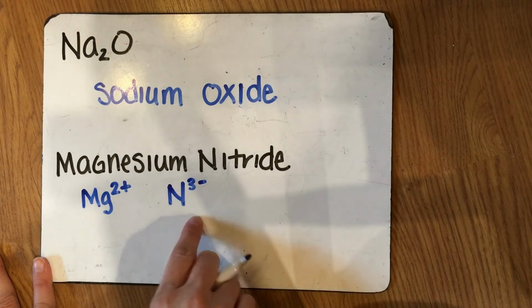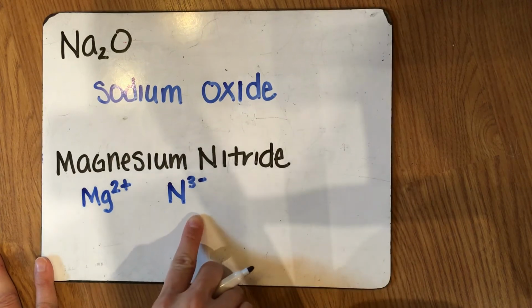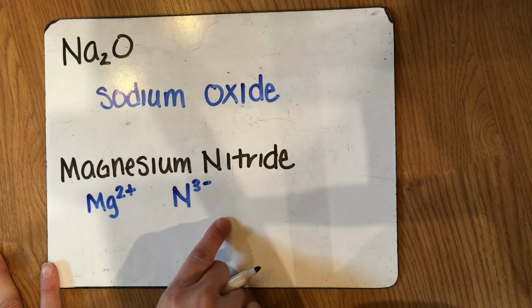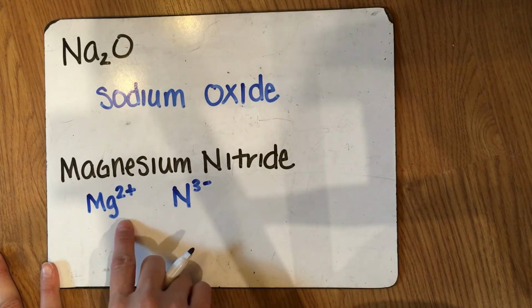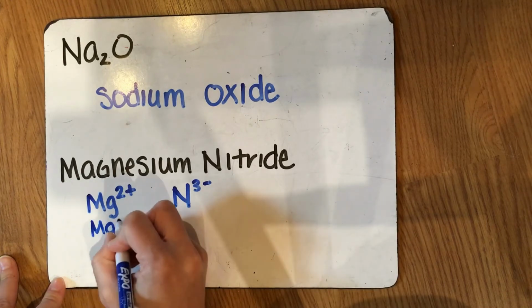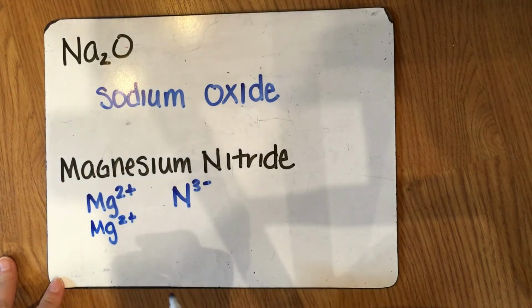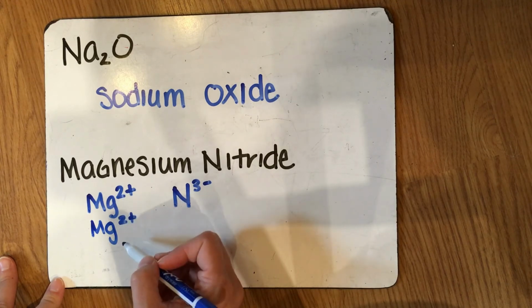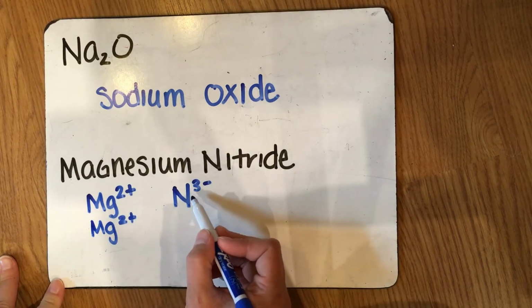The key here is that we have to cancel out the charges, and if we look at this, 2+ and 3- does not cancel each other out. Right now we don't have enough positive charges, so I'm going to add another magnesium. Now I have 4 positive charges, 2 + 2 is 4, and 3 negative charges.